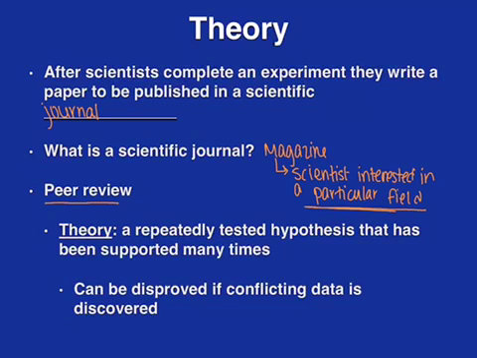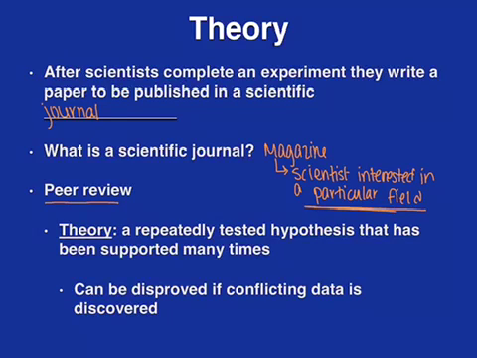If all of these other farmers and scientists come to the conclusion that yes, this experiment was done without bias, within the ethical realms, and that it has good, important information, then it would be published in the journal.